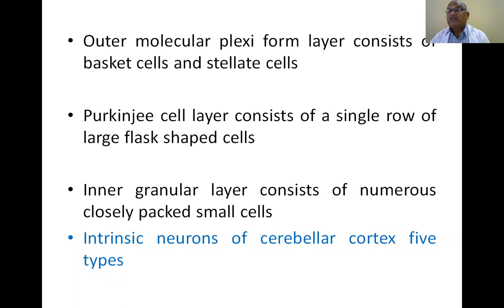This is the characteristic feature. What is the characteristic feature of the cerebellar cortex? It contains five types of cells. Four types of cells are inhibitory. Only granular cells are excitatory.